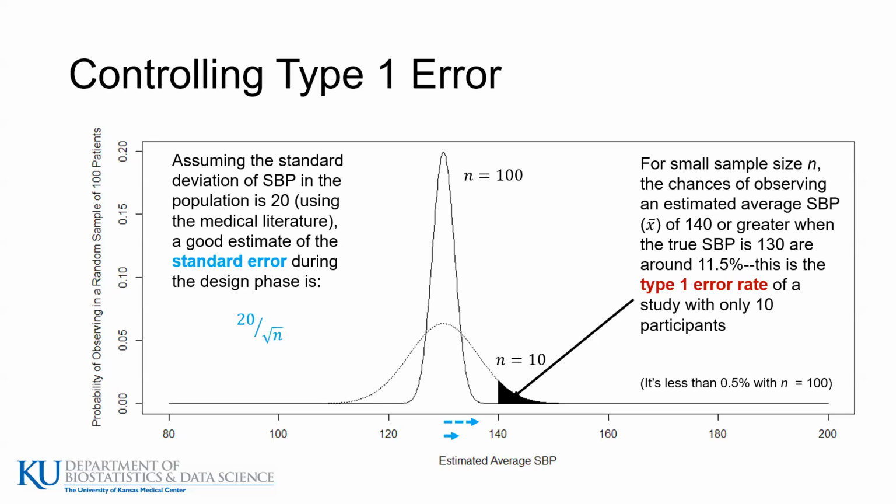You can see how the smaller sample size gives us less power to detect some difference or to reject the null hypothesis. So we're less likely to reject the null hypothesis, even if the null hypothesis is false, when we have a smaller sample.